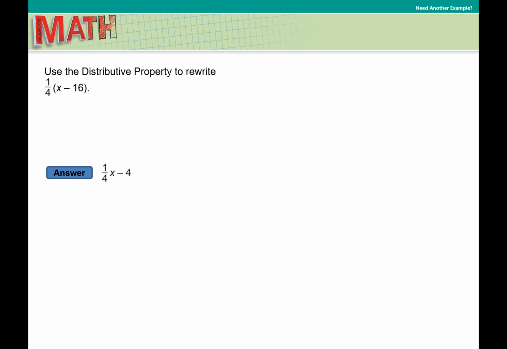You should have gotten an answer of 1/4 x minus 4. Let's do it this way: 1/4 times x plus a negative 16. So 1/4 x plus 1/4 times negative 16 over 1.